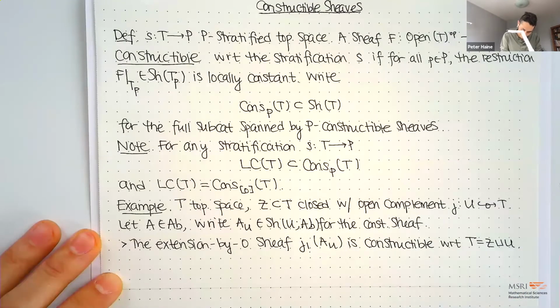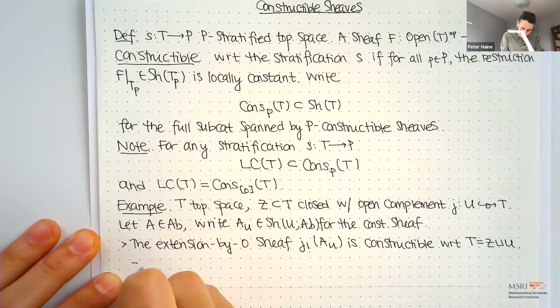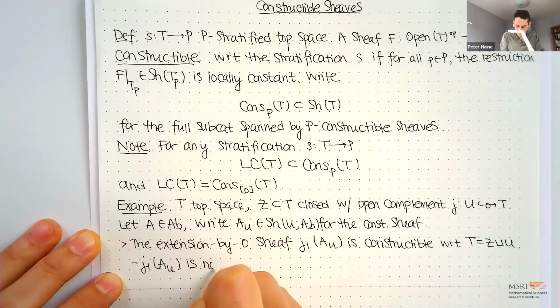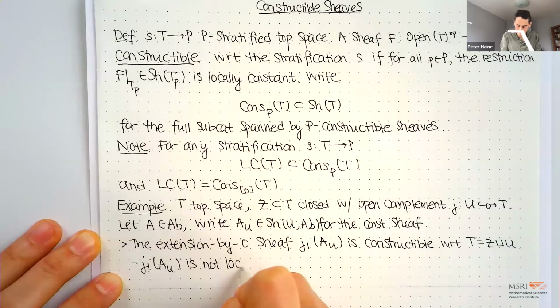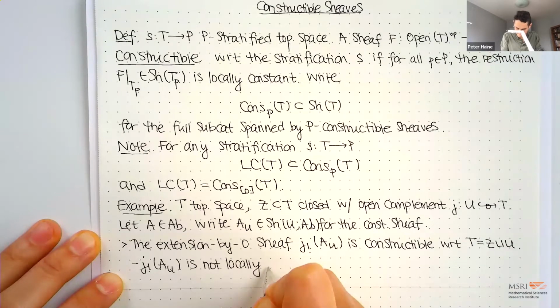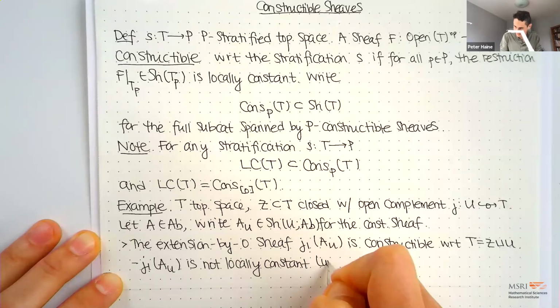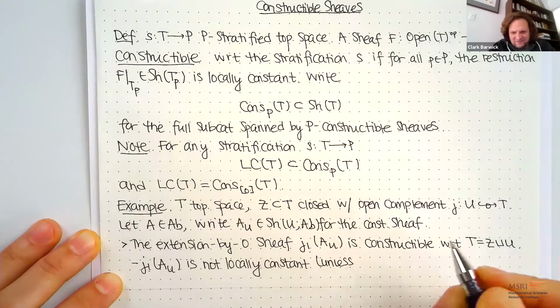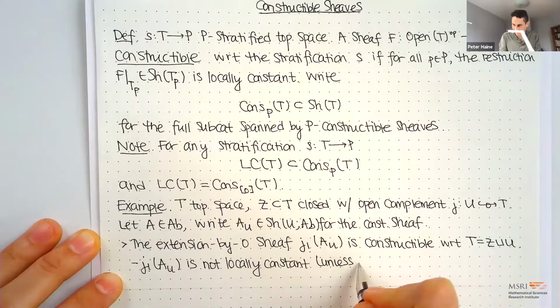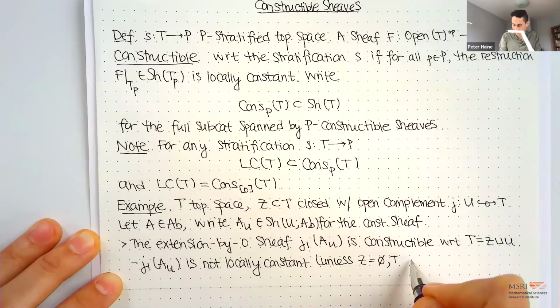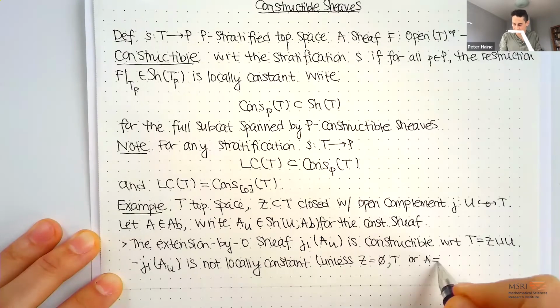But j lower shriek of the constant sheaf here is not locally constant. Well, unless, for example, Z is the empty thing, or T, or A is equal to 0.